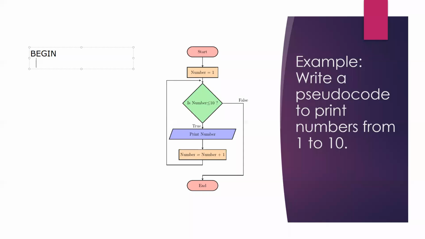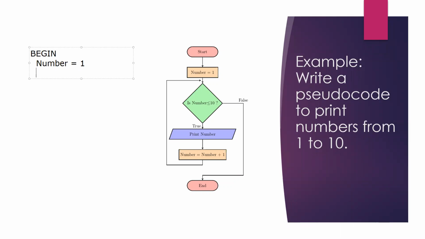Yes, we have to say number equals 1. Akira, next one. Now you have a condition here and you should identify this as a repetition.